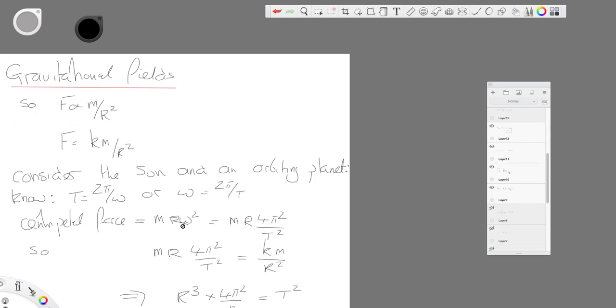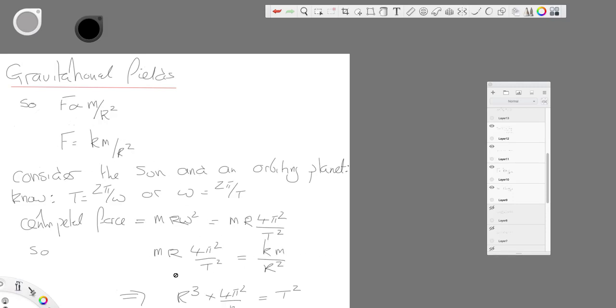The centripetal force we know is m r omega squared, which, if we stick our omega in and square it, we get m r 4 pi squared over T squared. Now he said this is the centripetal force, and this is the force causing the circular motion. So this m r 4 pi squared over T squared equals k m over r squared.